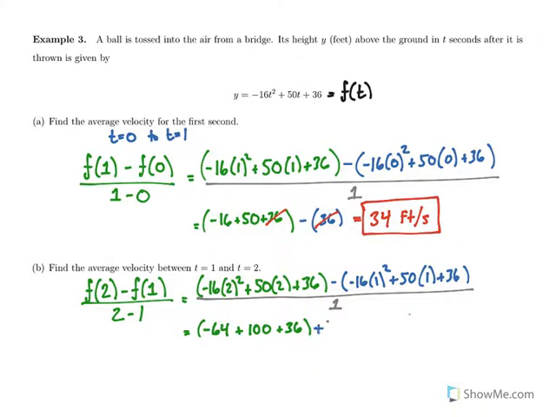So that's going to be a plus 16 minus 50 minus 36. That is distributing this negative to all three terms there. So I have a 36 here, negative 36 there. They just cancel out. And I'm just going to do some simple arithmetic to find the answer here, which is going to be 2 feet per second.